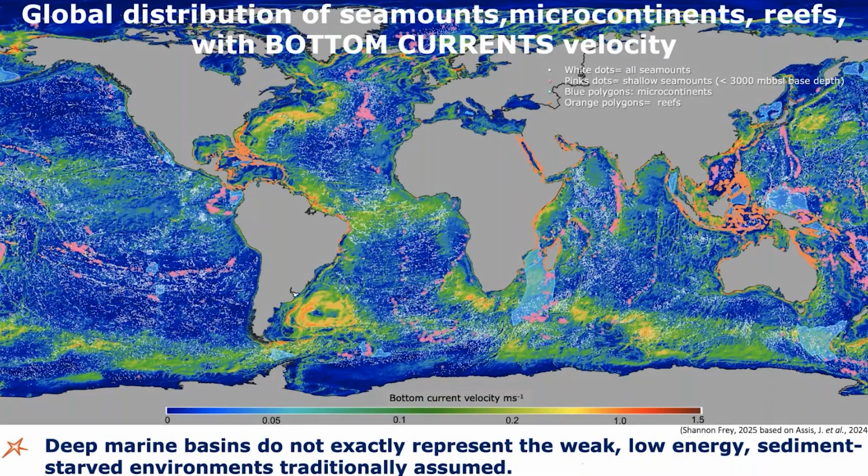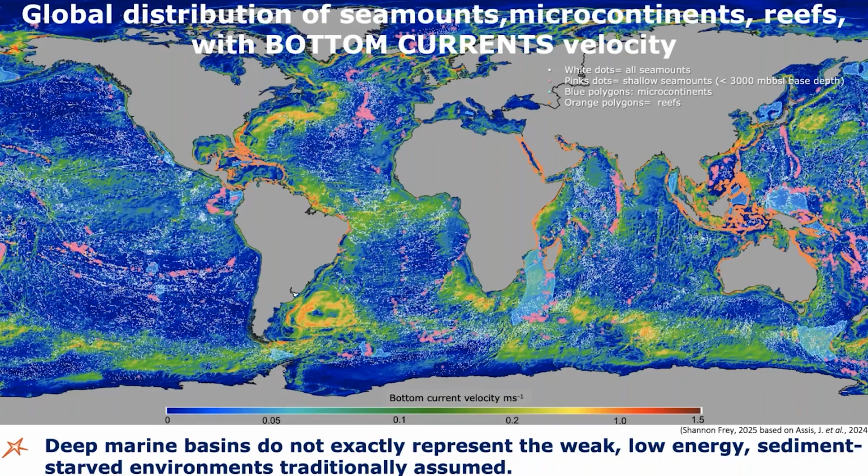Therefore, my main message for this introduction is that the deep marine basins don't exactly represent the weak, low-energy, sediment-starved environment that is traditionally assumed. In this figure, you can see the distribution of bottom currents globally. In yellow and red, you can see the areas with higher velocity.